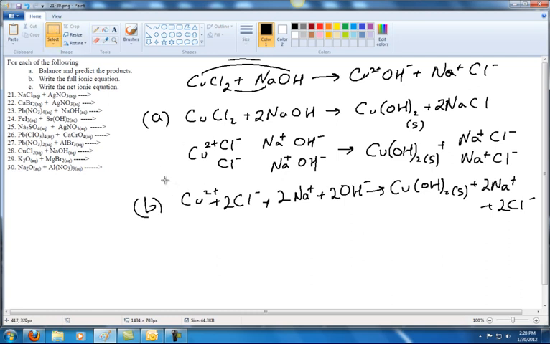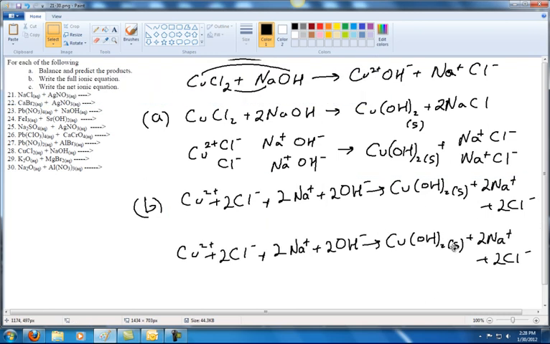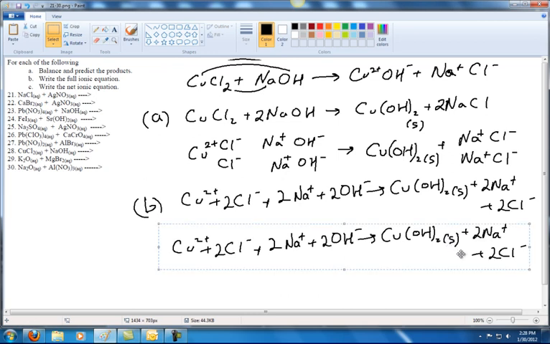Let's look at part C now. Now part C is the net ionic equation, where we figure out what's going to be the reaction to form the solid, and we're going to get rid of anything that's exactly the same on both sides.